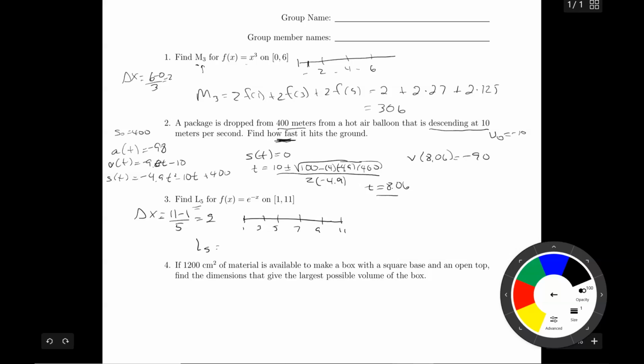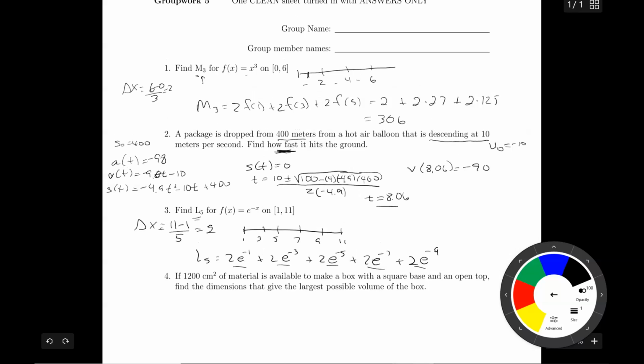So L sub 5 will be width of 2 times, using the left-hand endpoint, e to the -1, plus width of 2, e to the -3, plus width of 2, e to the -5, e to the -7, and e to the -9. So I should have 1, 2, 3, 4, 5 rectangles that I'm adding together.